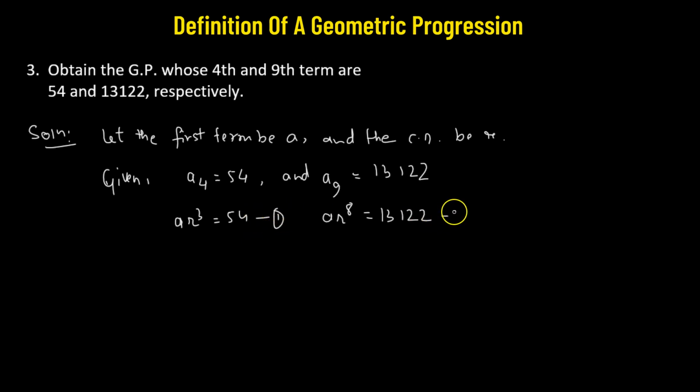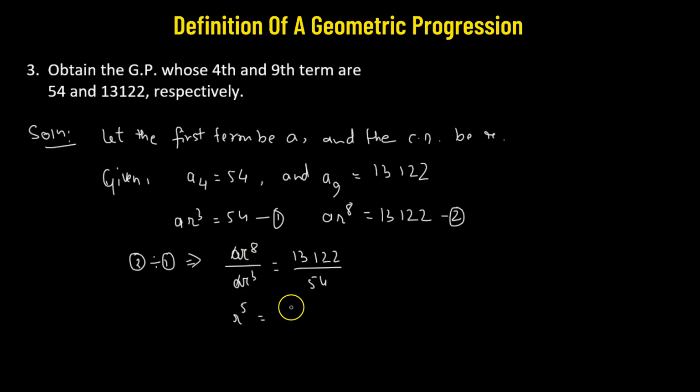Labeling this as equation 1 and the other one as equation number 2. So we're going to divide equation 2 by equation number 1. So we get ar raised to the power of 8 divided by ar cubed, which is equal to 13,122 divided by 54. So r raised to the power of, a and a get cancelled, 8 minus 3, that will be 5.